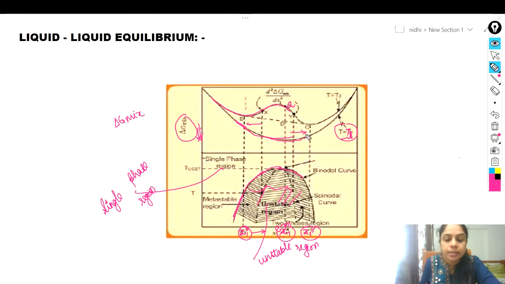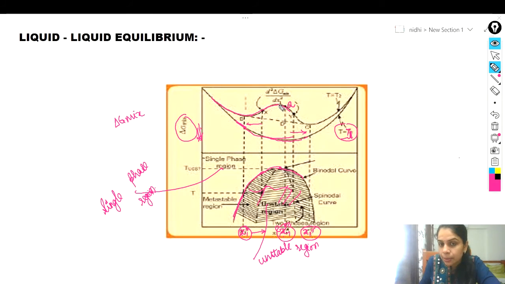Here, this is the system having lower Gibbs free energy at this x1, and in the vicinity of x1, it is having the lower energy. So it is in the stable position. So obviously it does not require splitting into two phases, right?